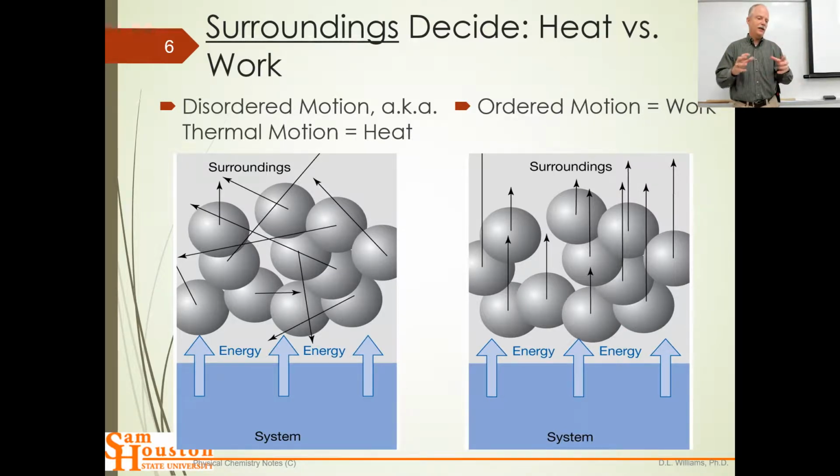Even if that gas around it is expanding a little bit, again, if you can't easily measure it, then you're just assuming that it's heat. But if all of that gas around it is going in a particular direction, if the expansion is ordered, then we would call that work. So notice the difference in the two pictures. If it's surrounding our system, if it's disordered motion, we would call that heat. If it's ordered motion, then we would call that work.